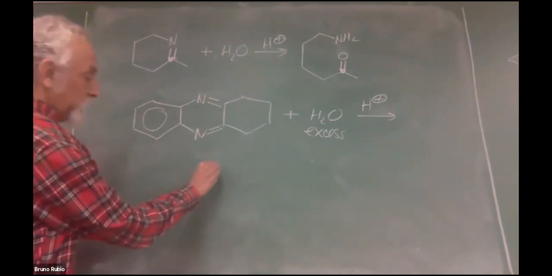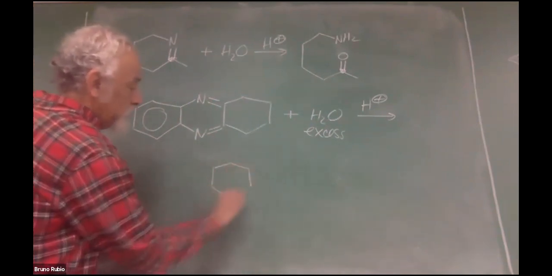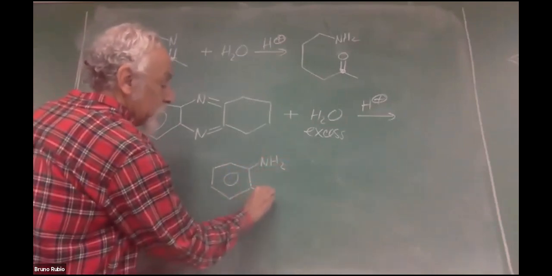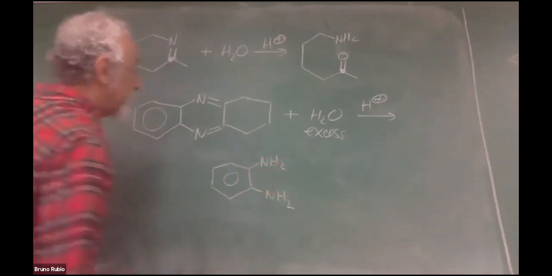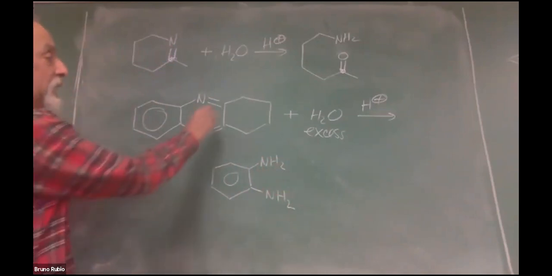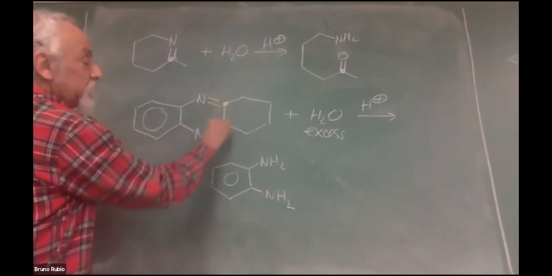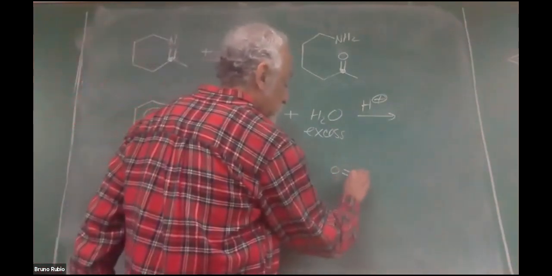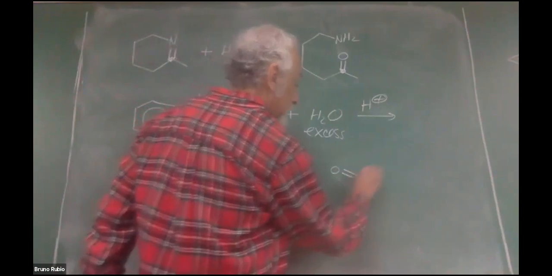So the products here will be: the imine nitrogens fall off as primary amine nitrogens, and the imine carbons, putting a dot on them, revert to carbonyl carbons.